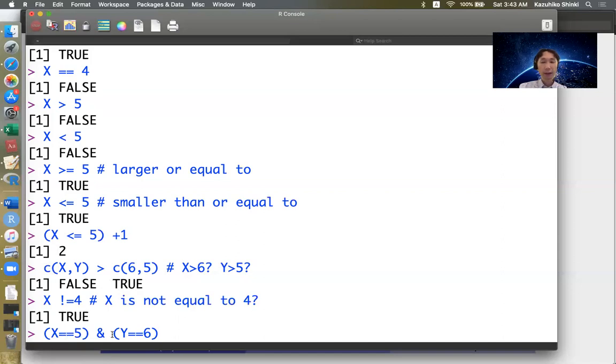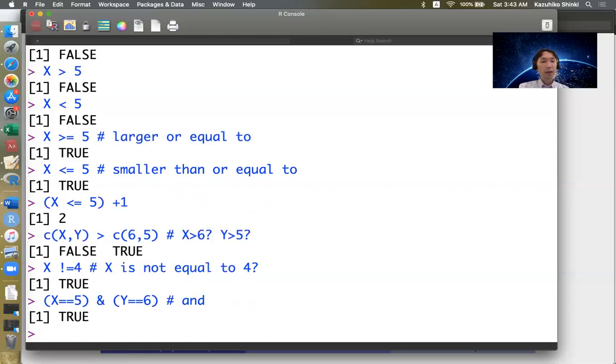So AND is the operation that if both are true, then it returns true. If one of these is false, then it returns false. If both are false, also false. So AND, the output is true. The first one is true, the second one is true, so this is also true.